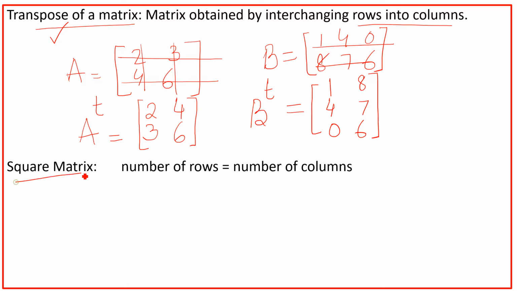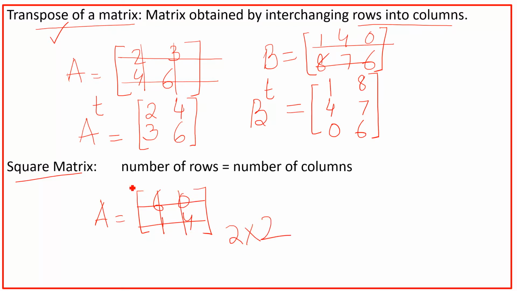Now the square matrix. A square matrix means the number of rows is equal to the number of columns. Suppose we have matrix A with these entries. What is the order? There are 2 rows and 2 columns, so the number of rows is equal to the number of columns, which is called a square matrix.